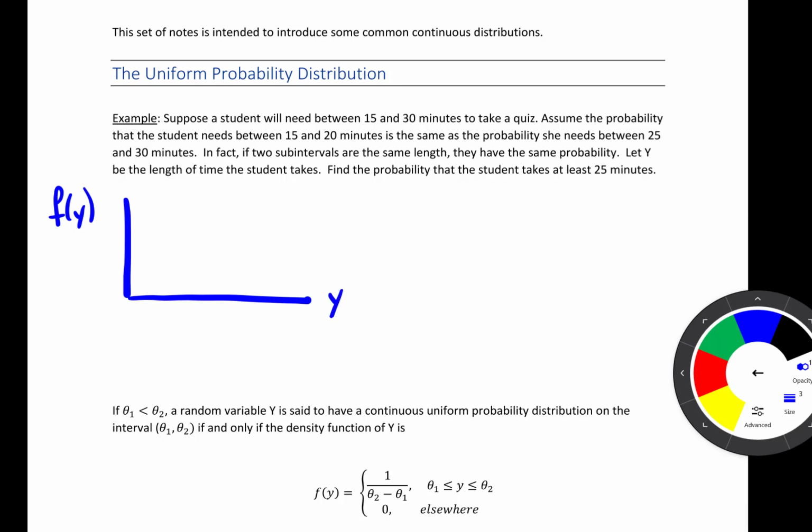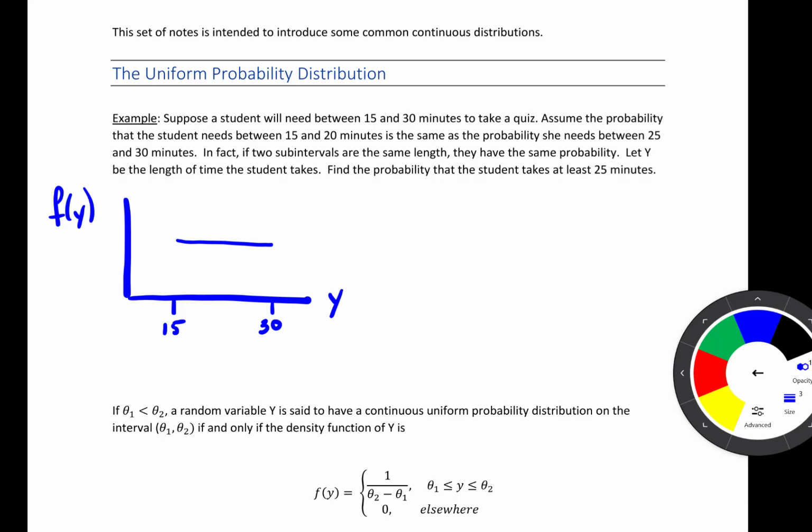What we're saying is we know the student needs anywhere between 15 and 30 minutes to take the quiz, and we know that the probability for any subinterval in between there is the same. So in other words, from 15 to 30, we have the same value for f of y.